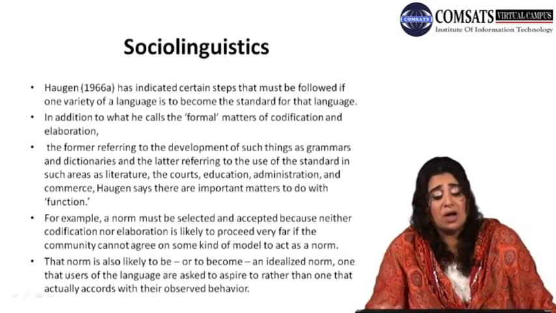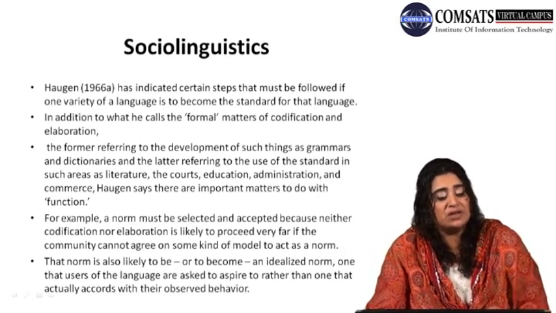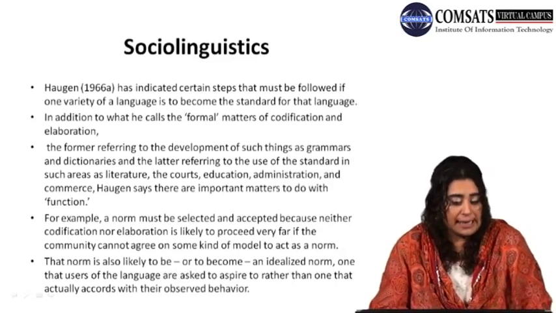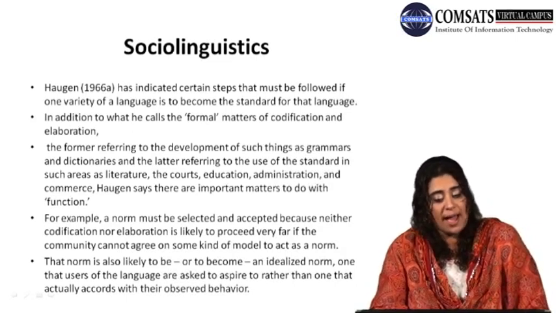For example, a norm must be selected and accepted, because neither codification nor elaboration is likely to proceed very far if the community cannot agree on some kind of model to act as a norm.